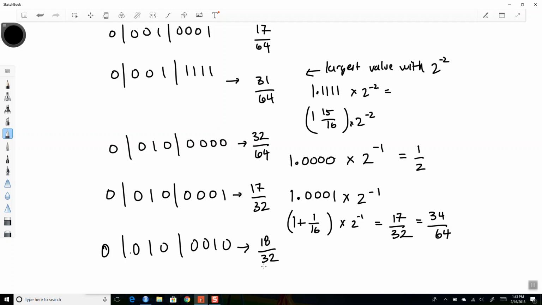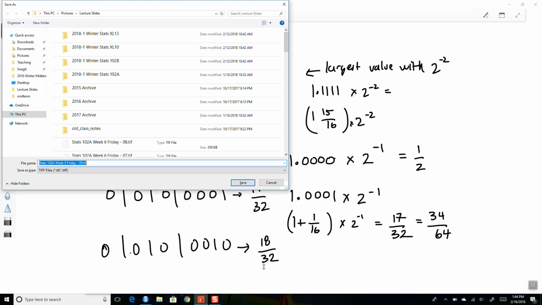So as we climb the number line, we increment not by the same unit. The number line gets spaced out, okay?